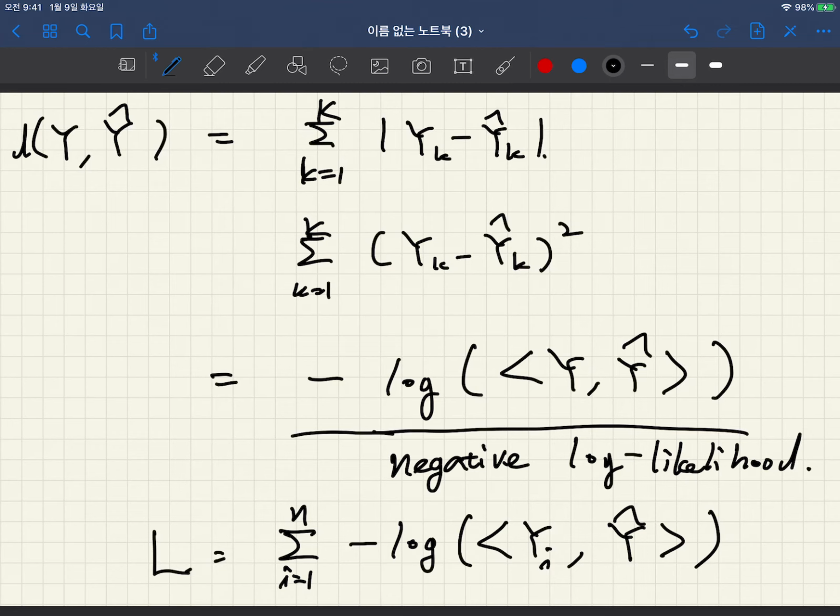That's it. Basically, y hat comes from your training model, or your model function, which is usually parameterized by some parameters. For instance, in your logistic regression case, this contains some parameters beta 0 and beta 1. Right, so this loss function is a function of these parameters, and we want to optimize the loss function with respect to beta 0 and beta 1. And when you minimize the loss function, basically you can get very nice parameters. That's it.